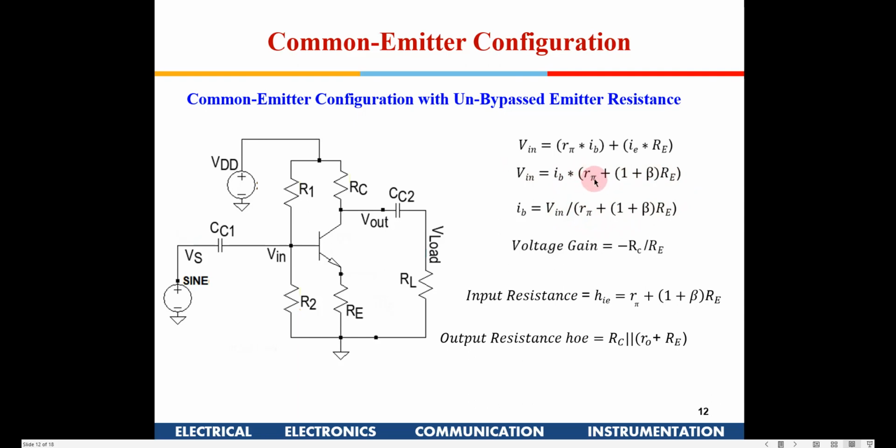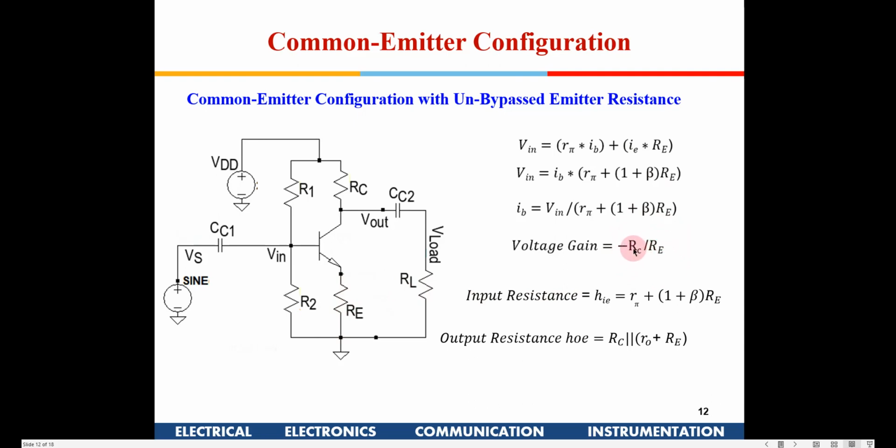Now I neglect this r pi, and also 1 plus beta I just put as beta, because beta is 200. So instead of 201, if I write 200, it makes a negligible effect. In the numerator you have beta RC, in the denominator beta RE. So beta cancels, and you have minus RC by RE. Now you see the gain has reduced in this particular case by putting this RE.